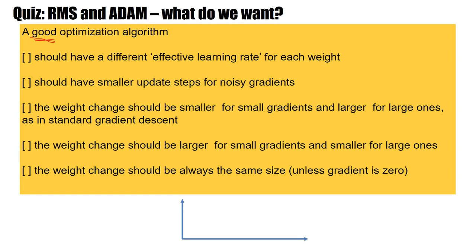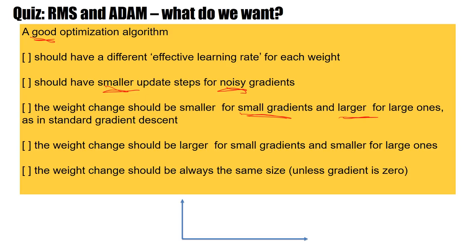Is that something desirable? Should it have smaller update steps for noisy gradients? The gradient is noisy if we do mini batches. The gradient is noisy if we do stochastic gradient descent. If so, why?